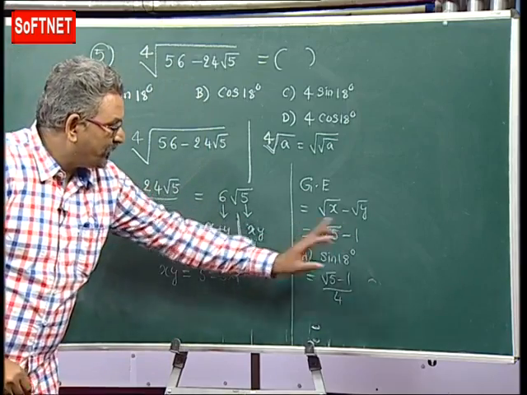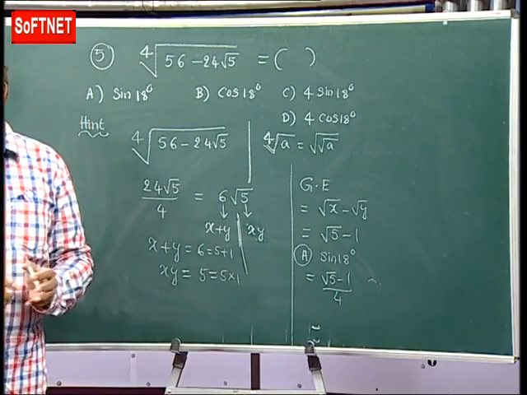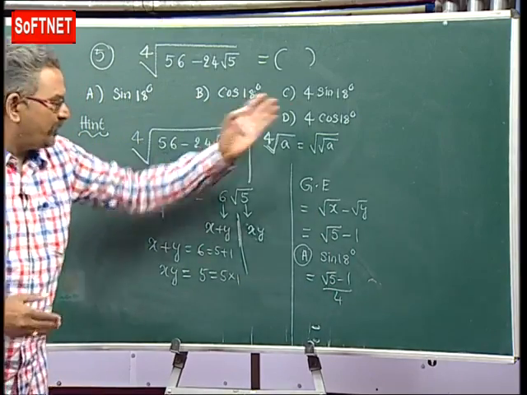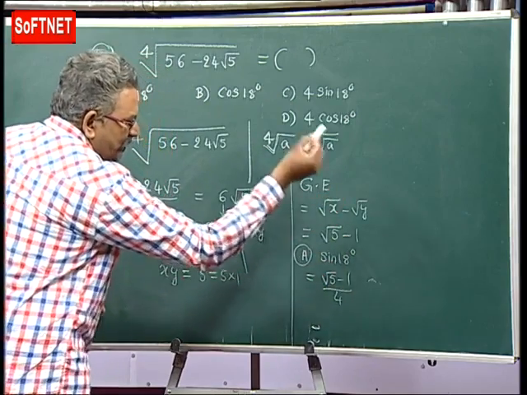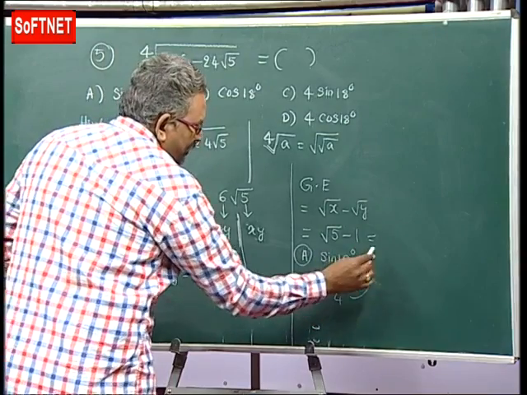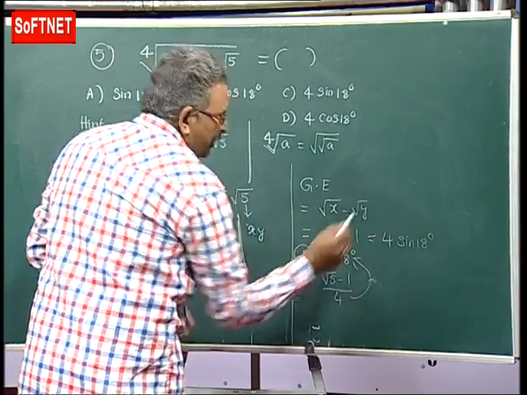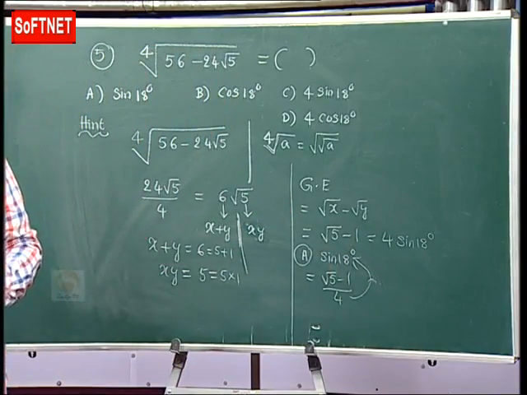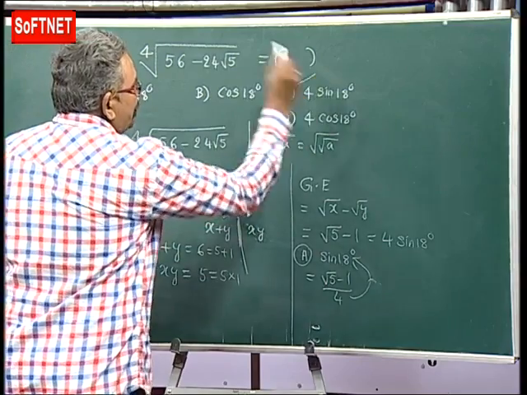With the help of option A only, we can determine our required option. Now root 5 minus 1 becomes 4 times sin 18. So 4 times sin 18 degrees will be the right option. Which is the right option? Yes, you are correct. C will be the right option.